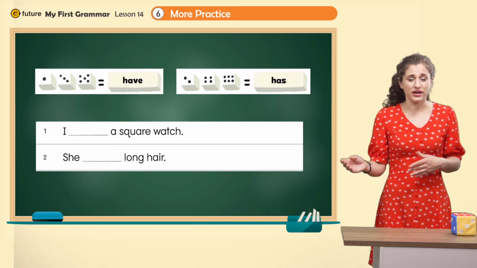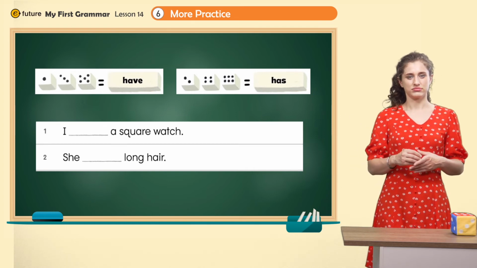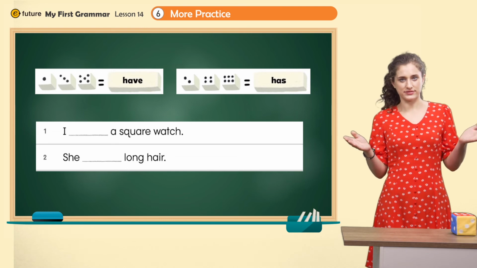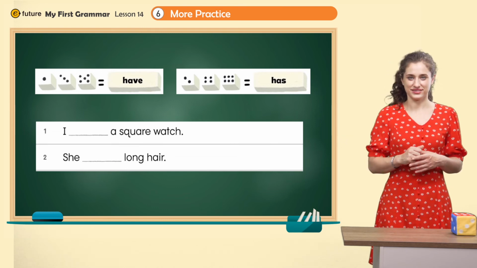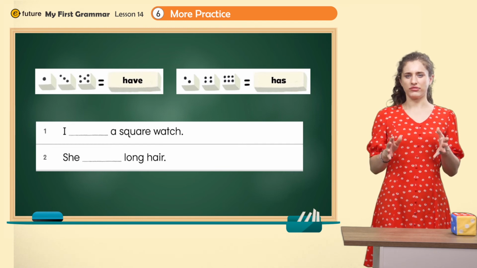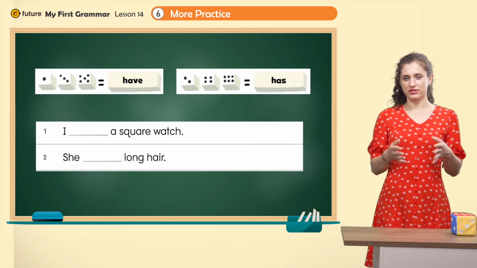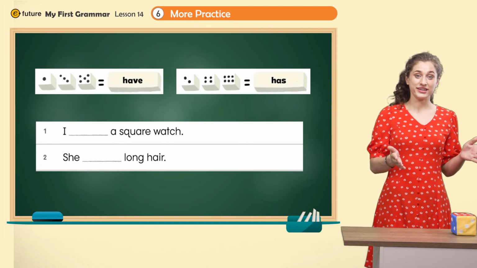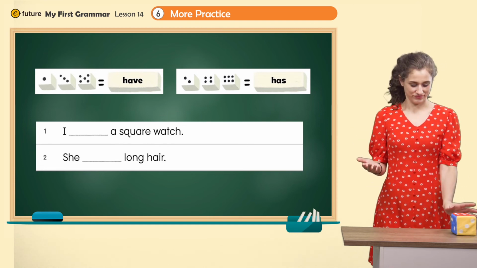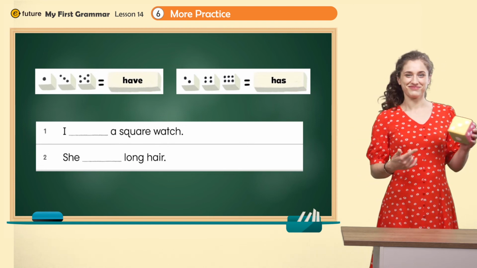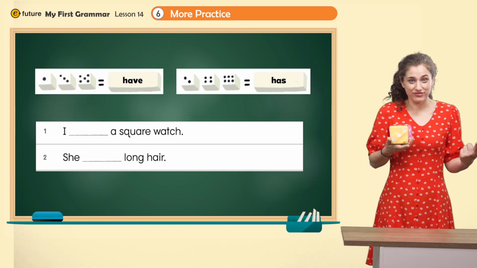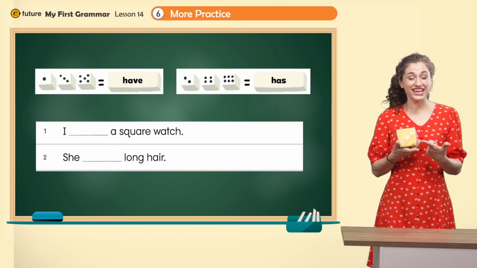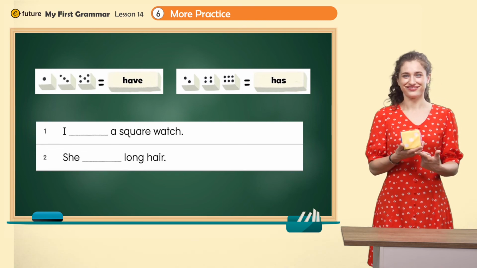I blank a square watch. Have or has? Have? Yes. But can I write have? Let's find out. We need to roll the dice. I got 3. 3 is have. Right. I can write have.